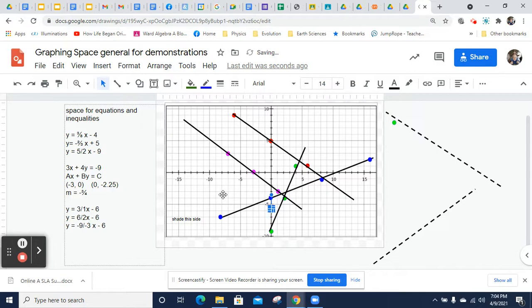I can go up 3/1 from there, but that's really close by, so I'm not super psyched about that. Instead, I'll go up 6 and over 2. Those are a little farther apart. I'll copy another one of those, and from here go up another 6 and over 2. So up to 6, over to 4.